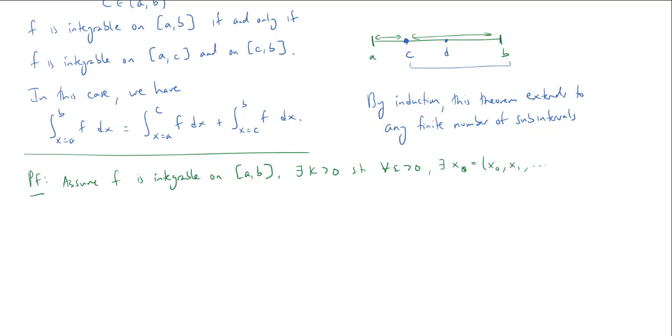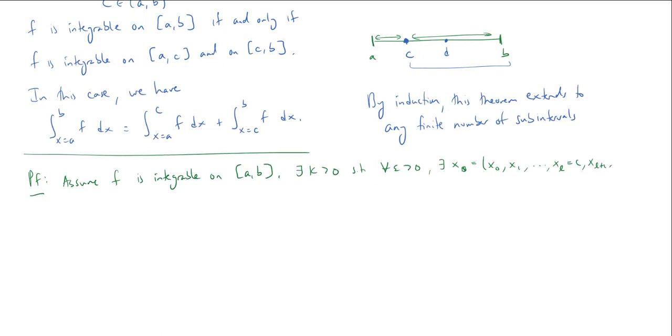And maybe when I use the integrability criterion, the first time I do it, the partition I get doesn't involve c. But if I include an extra point into a partition, the difference between the upper and lower sums only gets smaller. So it's okay to refine a partition. It's not going to hurt anything. So let's say that the nth term is equal to c.